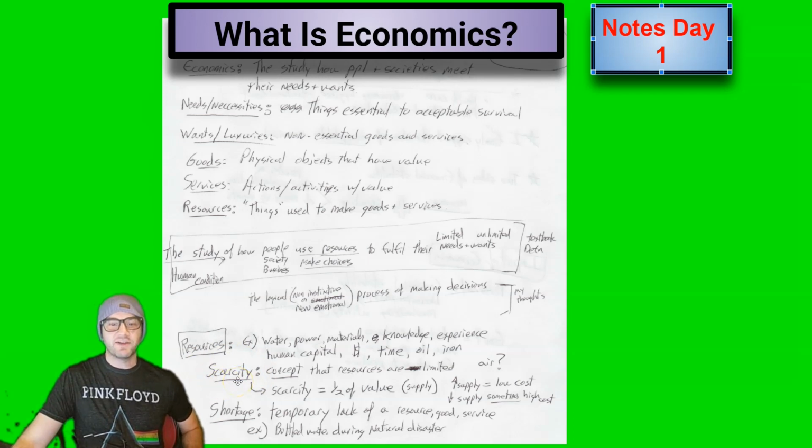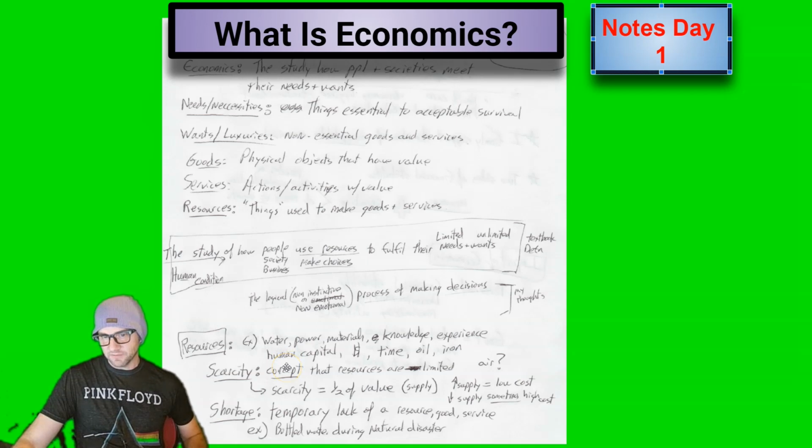And even if we have a lot of resources, the goods and services provided from those resources are scarce too, because there's always going to be a limited number of people making things or a limited time it takes to make things. So scarcity is a universal concept that says there's just not unlimited stuff.